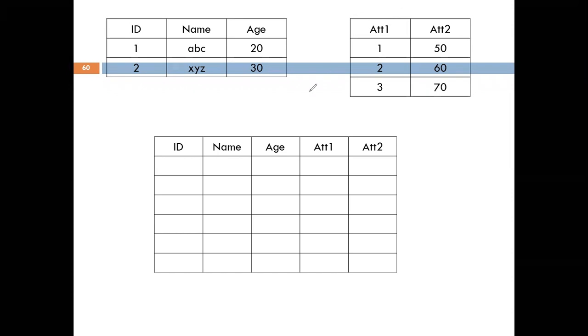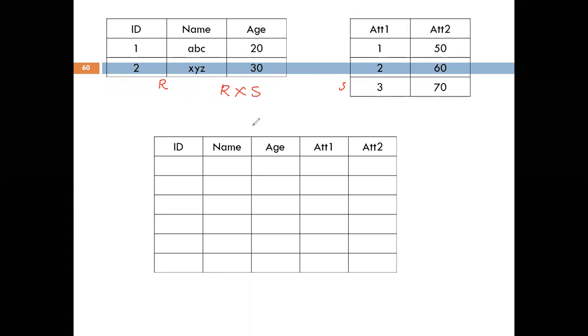Now, when we perform the Cartesian product of these two tables, the Cartesian product is represented like this. For example, let us call this table R and this table S. Then the Cartesian product is represented by R cross S. Cartesian product means combining each row of one table with each row of another table.